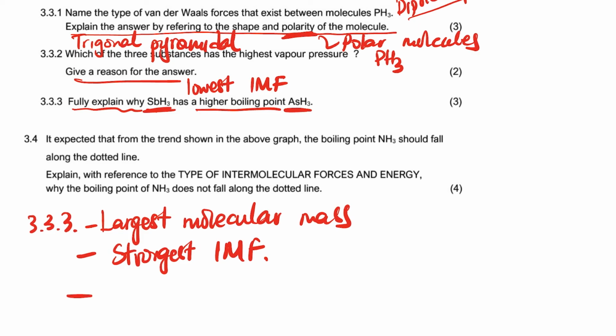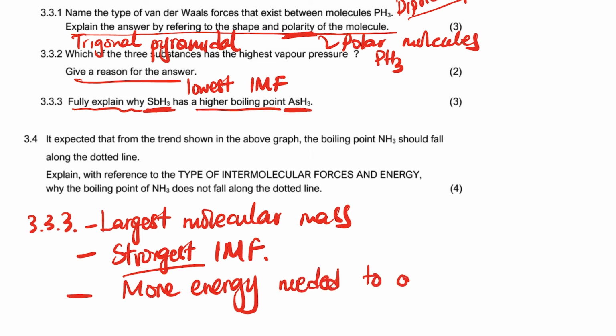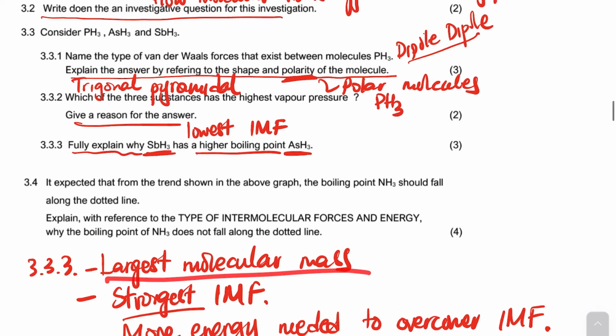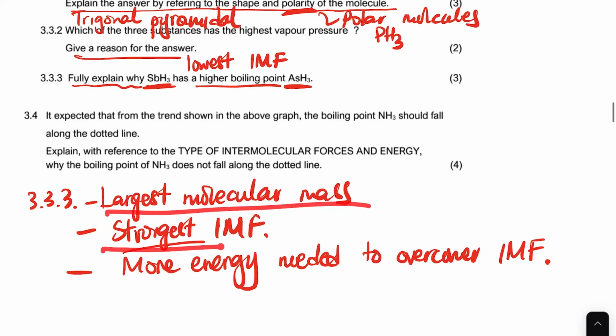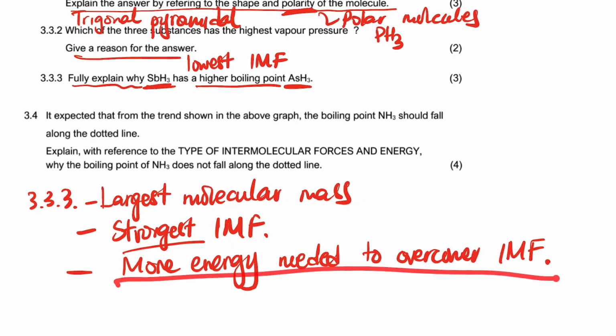And then lastly, it has more energy needed to overcome the intermolecular force, right? It's very important, guys. I've spoken about its molecular mass being the largest, and if it's the largest, it has the strongest intermolecular force. And when something has the strongest intermolecular force, that means it needs more energy to overcome. Okay, the last question, guys.